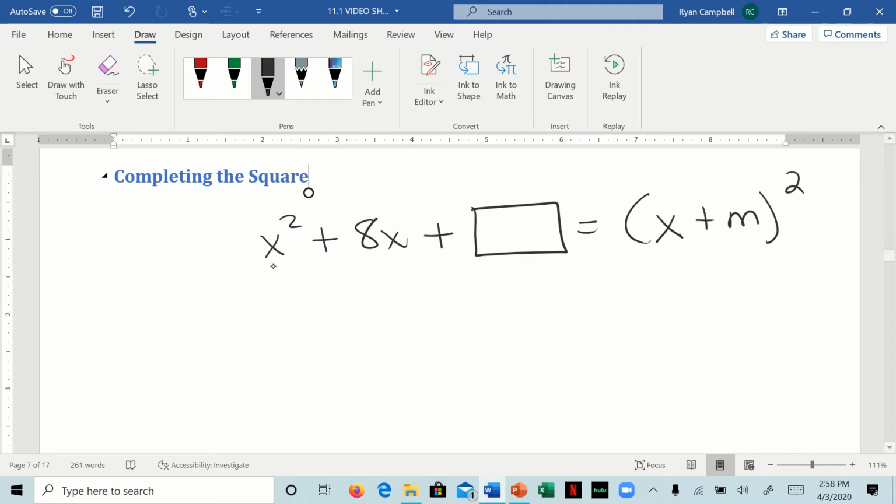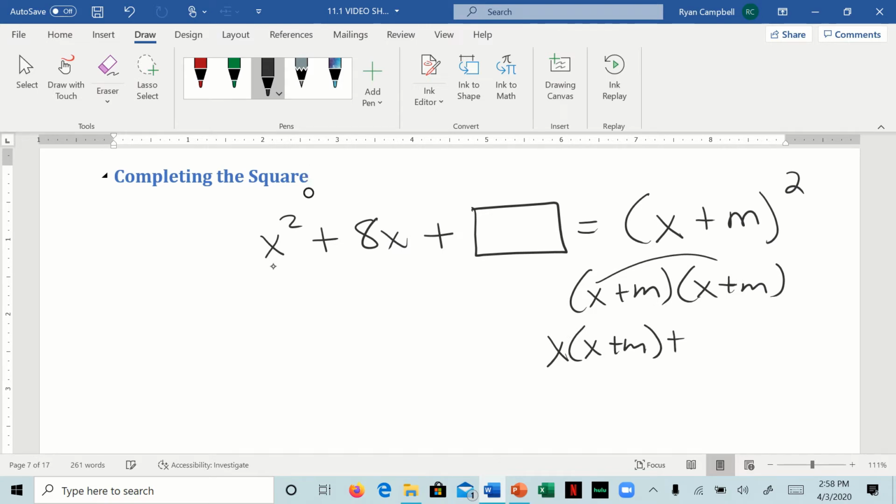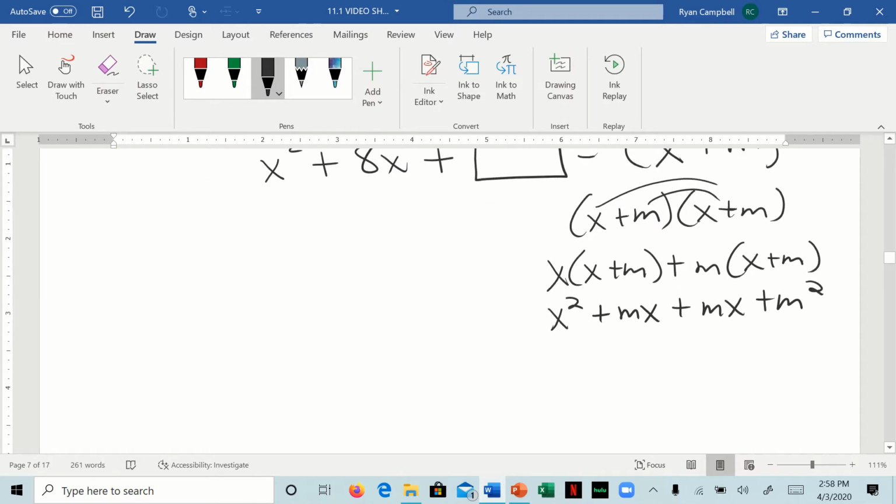So if we factored this out, we can actually write it out. So x plus m times x plus m. So that's x times x plus m plus m times x plus m. So we get x squared plus mx plus mx plus m squared, right?